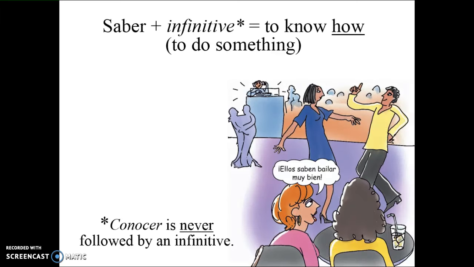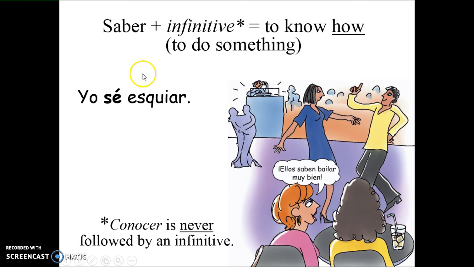Another way to use saber is when the infinitive comes into play, and that's telling how to do something, okay? So for example, like I know how to dance, I know how to sing, I know how to do this. Again, to blank is always the infinitive. So for example, yo sé esquiar. I know how to ski.